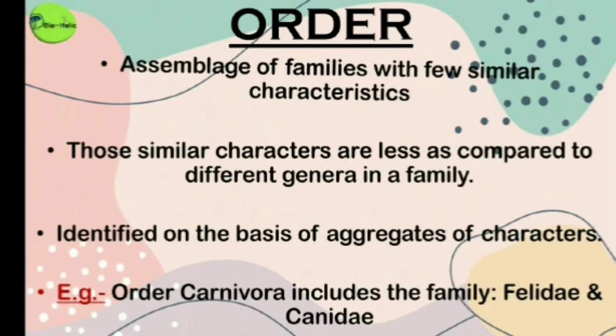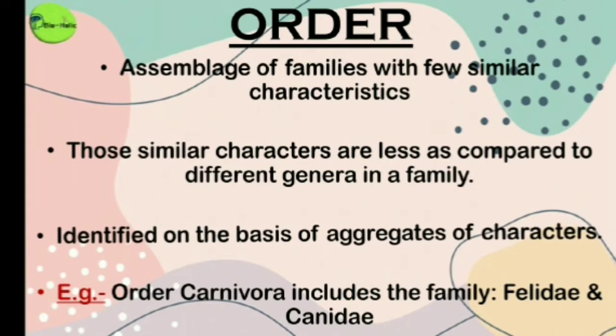So, order is the assemblage of families with few similar characteristics, and those similar characteristics are fewer as compared to different genera in the family, and it is identified on the basis of aggregates of characters.